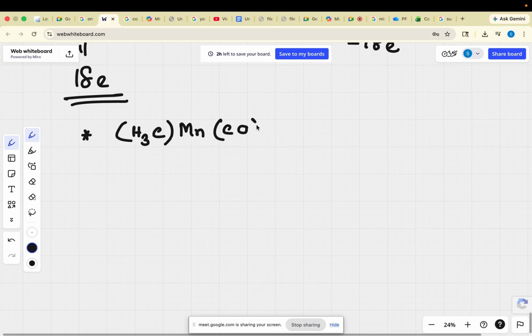Okay, suppose I have this. There is no need to do it by both methods. You just follow the neutral method, that will be enough. Try to follow your neutral method, that will be enough.